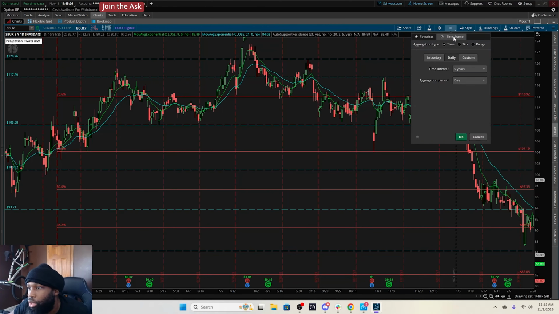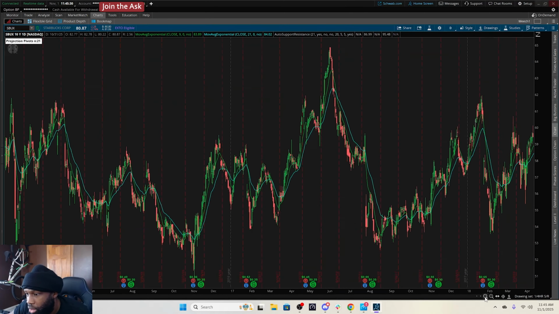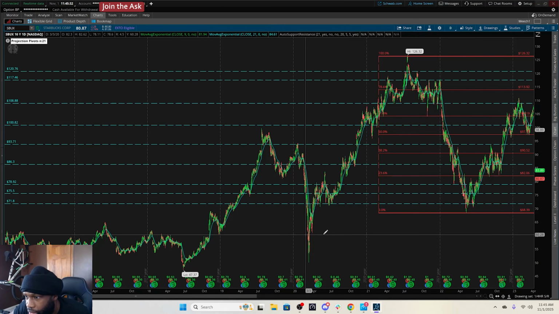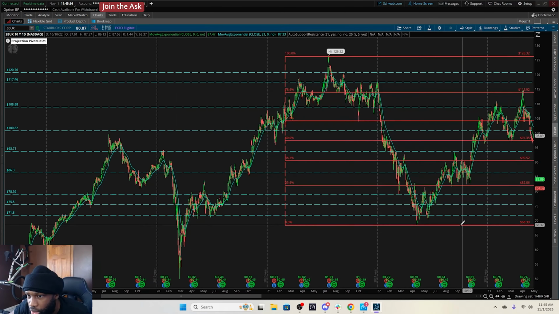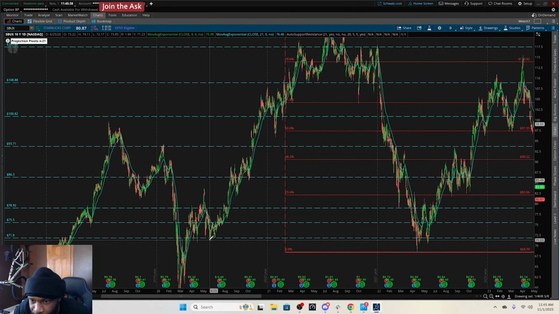I'm going to go on the 10-year daily to see. Okay, so all of the supports I made in this zone, these are the reactions right here prior to the zones that I made it in. As you can see, we respect it as resistance in this area and support over here.